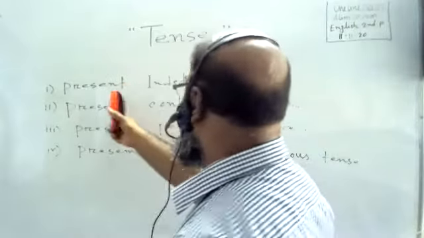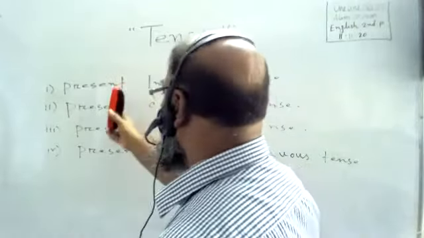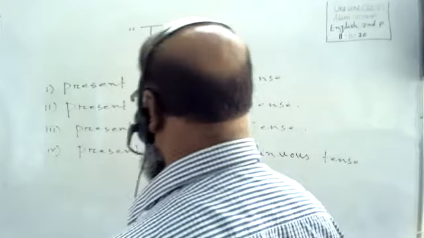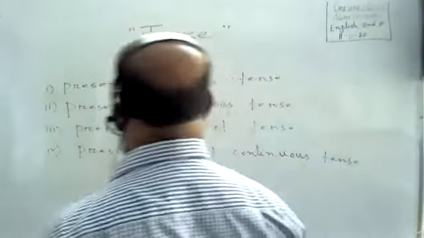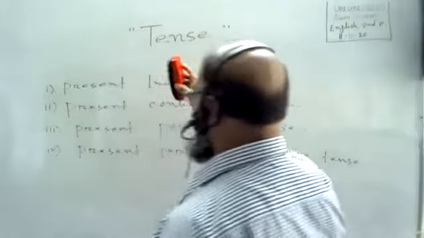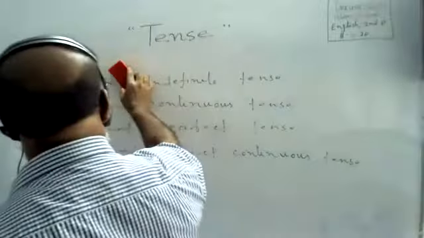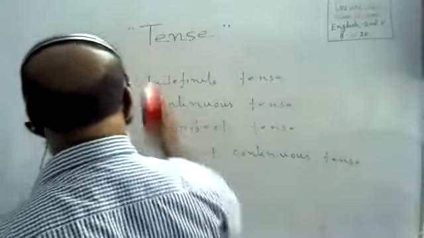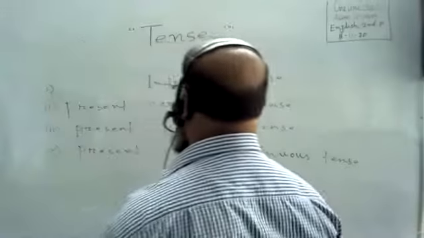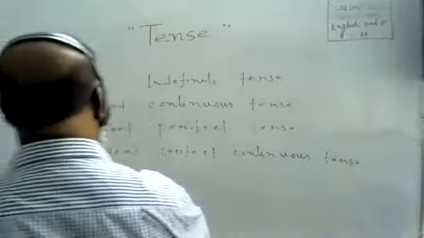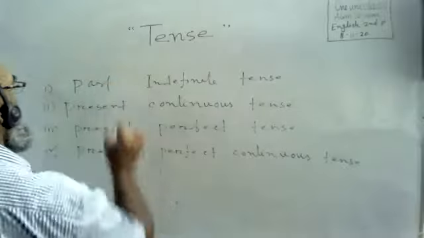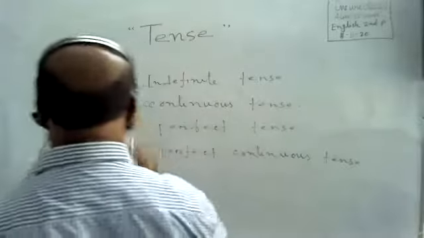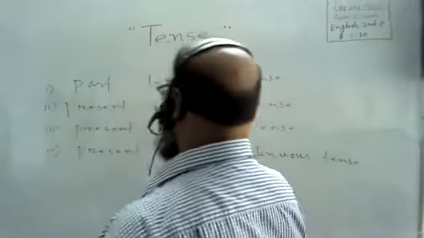If present tense is four kinds, then when you are asked how many kinds of past tense, what to do? Instead of present, you only write or say past. So past tense is also four kinds.